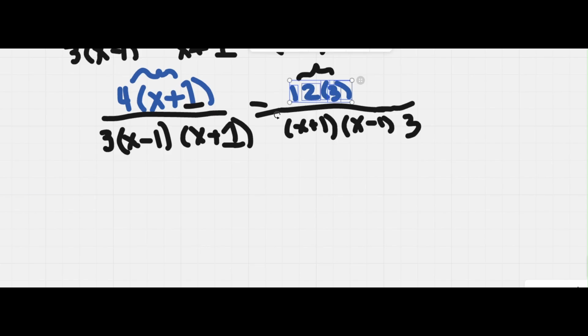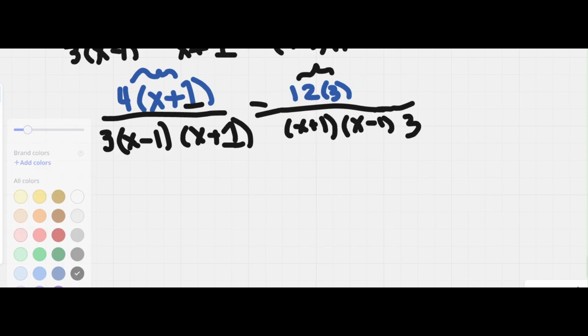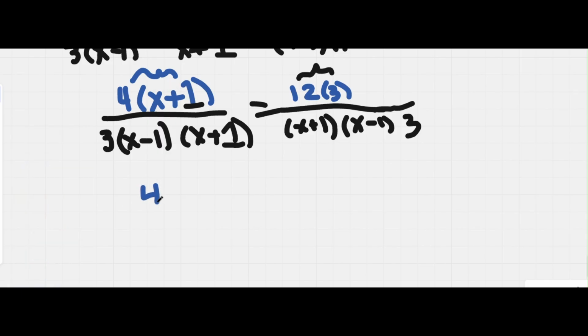So we can rewrite it as 4 times x minus 1 is going to be 4x minus 4 equals 12 times 3 is 36. 12, 24, 36. Now we're going to isolate the variable, get the letter by itself.